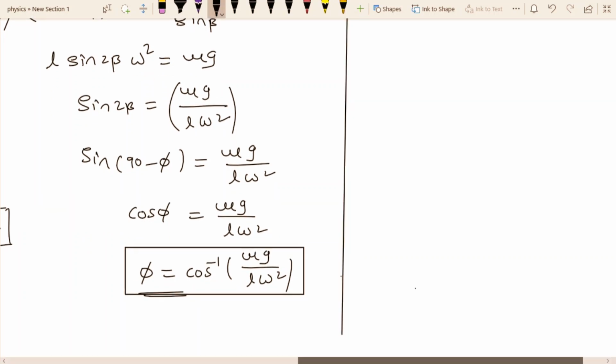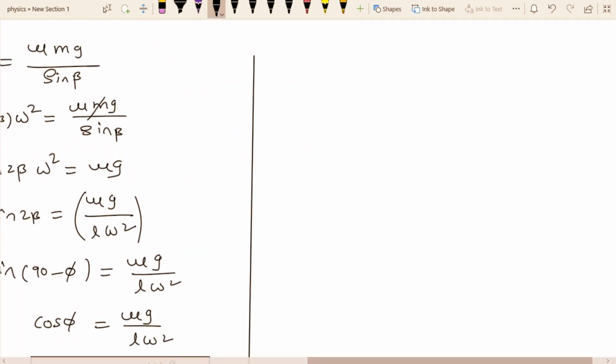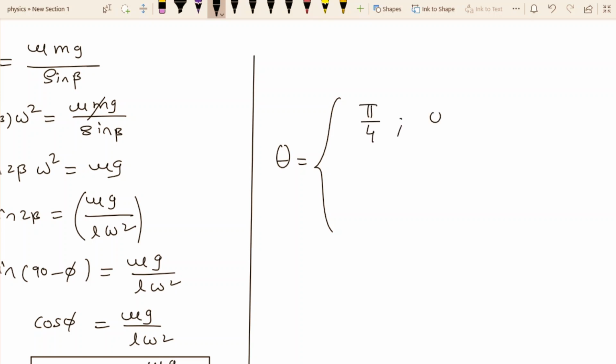What is the value of theta here? Theta is the angle between the threads AP and BP. This theta value is pi by 4 when 0 is less than omega less than omega 1.